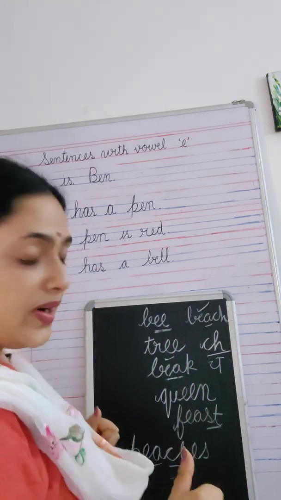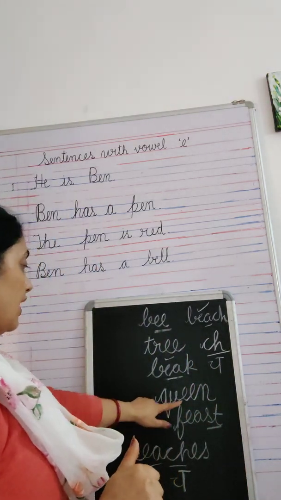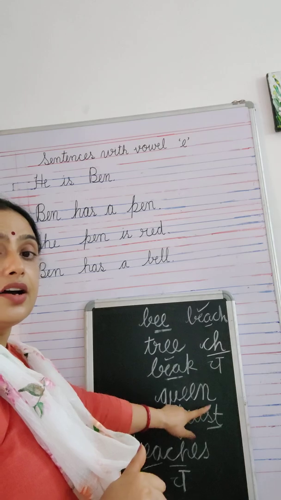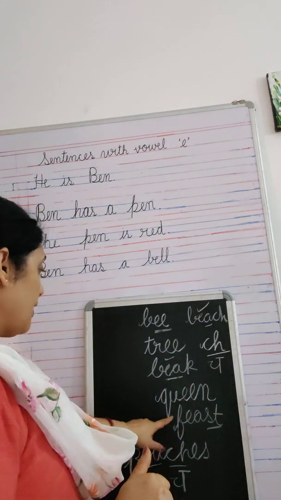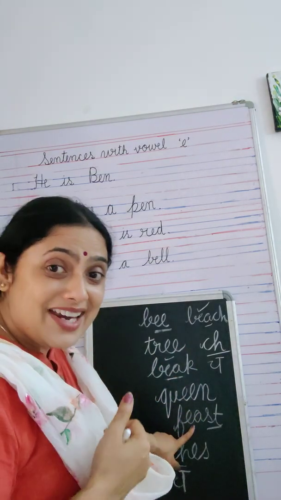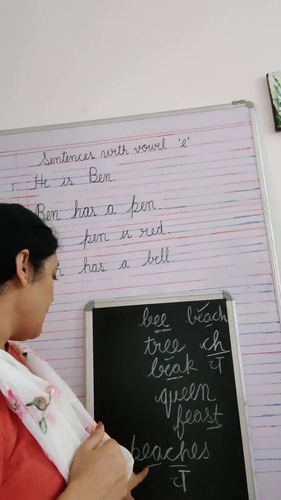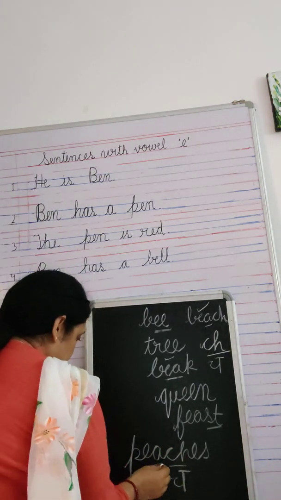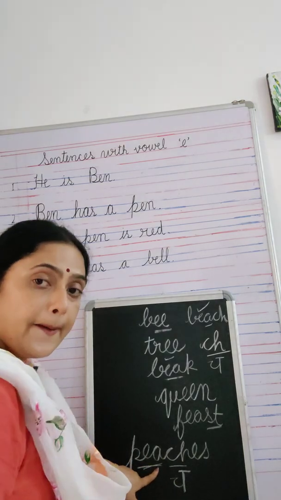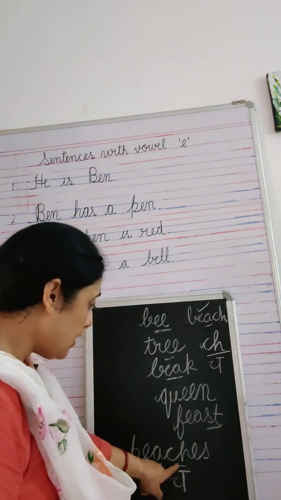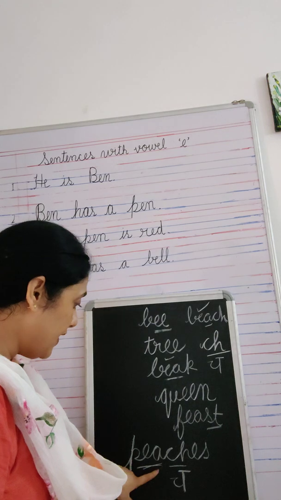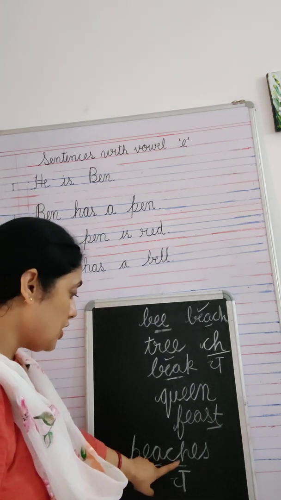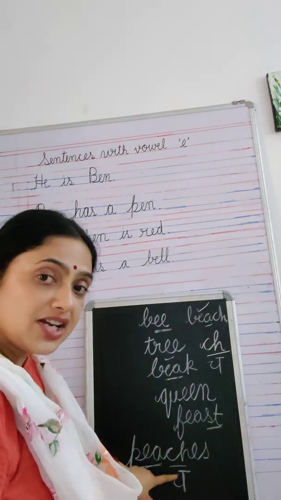So the word is queen. Qua, E, na, queen. Now this is a long word, so how will you read it? P, E, P, Ch, S. Peaches.